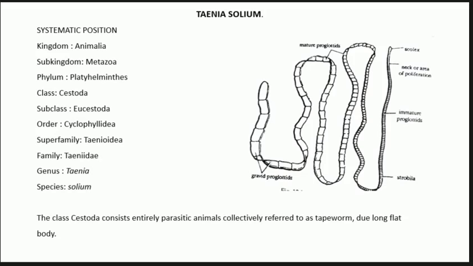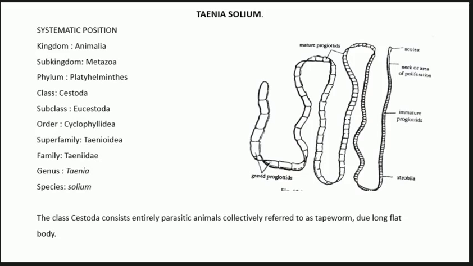Now first we will see the systematic position of the Taenia solium. Here we can see it belongs to the kingdom Animalia, subkingdom Metazoa, phylum Platyhelminthes, dorsoventrally flattened. Then class is Cestoda, subclass is Eucestoda.